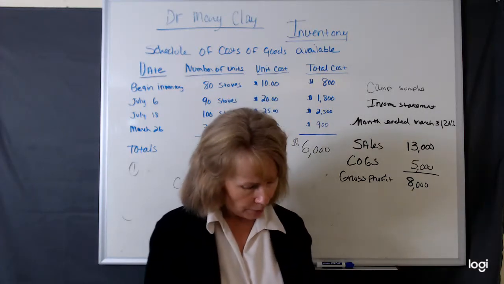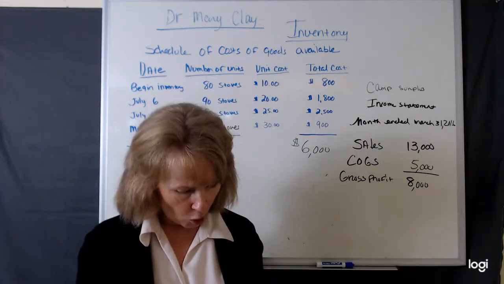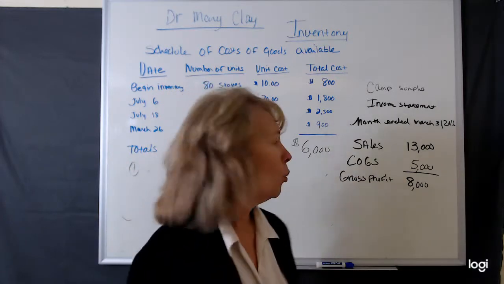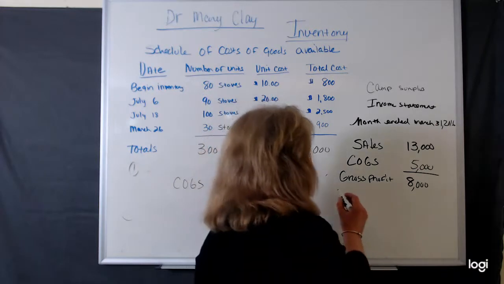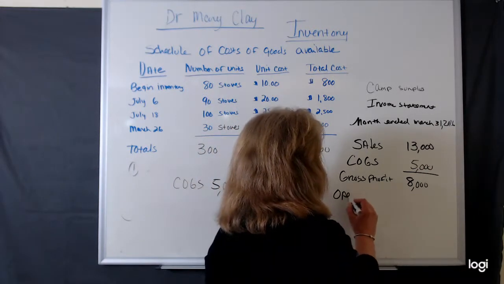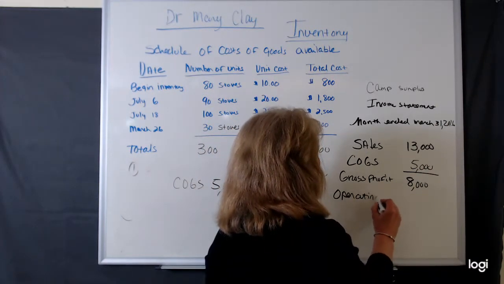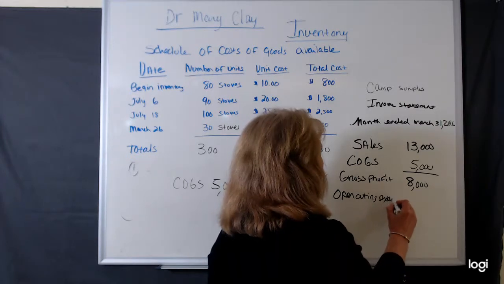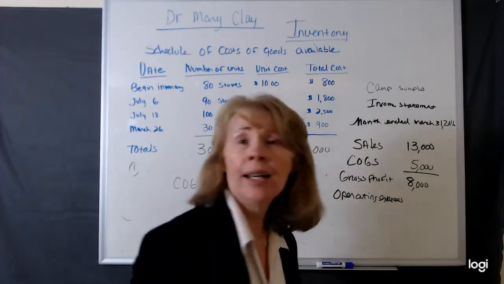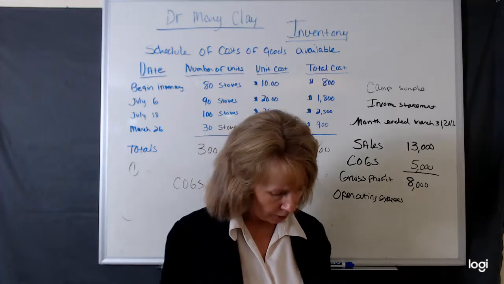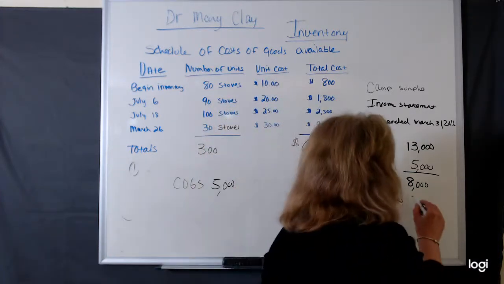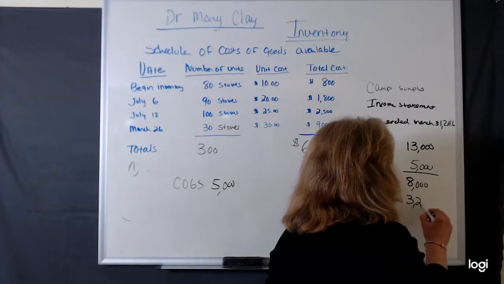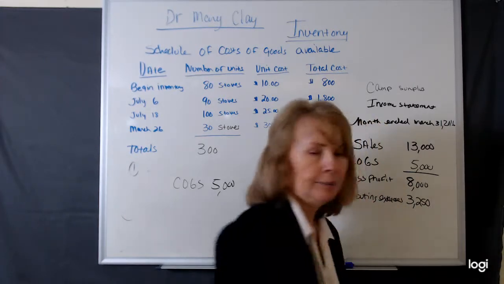So the next item, I look at the book and I look for operating expenses. Well, that will be my next item that I will subtract. I label it operating expenses. And I put in what the publisher said, the exact number. They said it was $3,250. I don't have to figure that out. Okay, so $3,250.